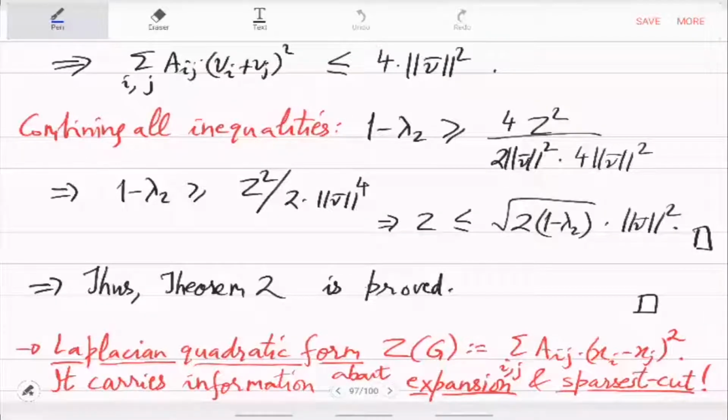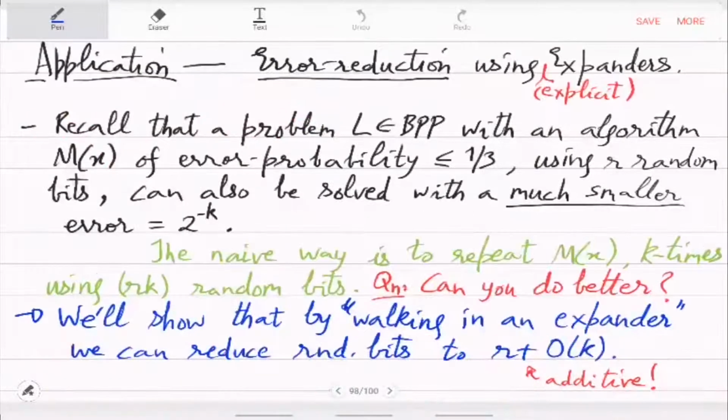Okay, so this part I have corrected, and then we started an interesting application of explicit expanders, which is that suppose in a general randomized polynomial time algorithm you were using, or the algorithm was using r random bits to get error probability smaller than 1/3.